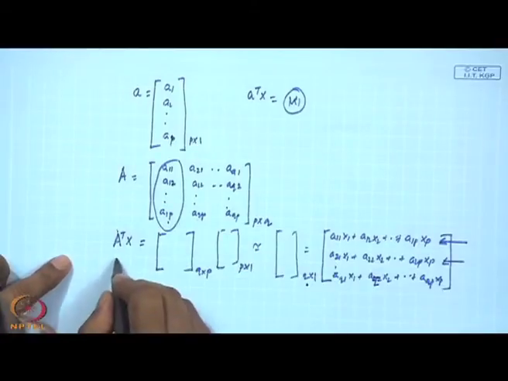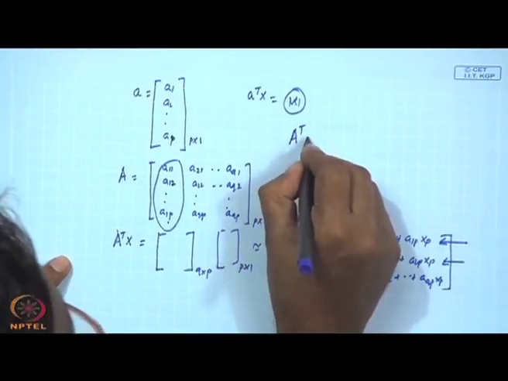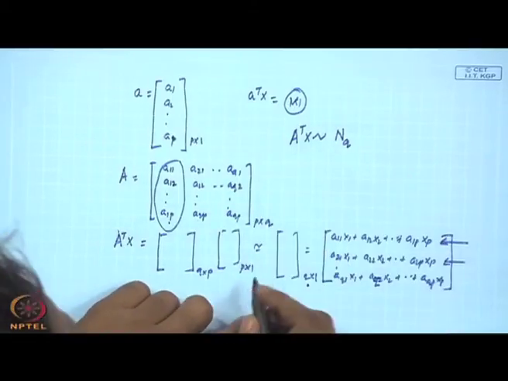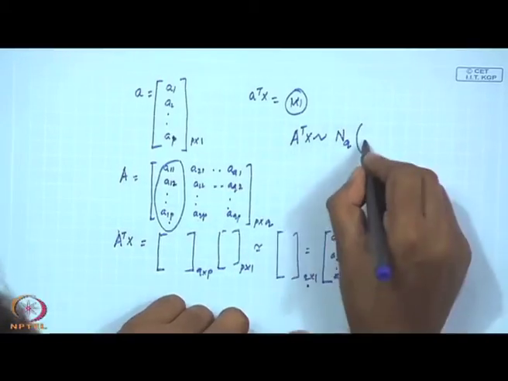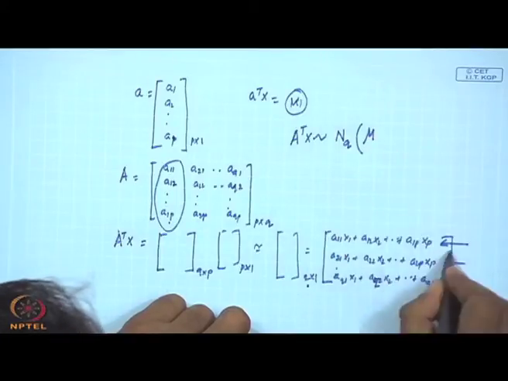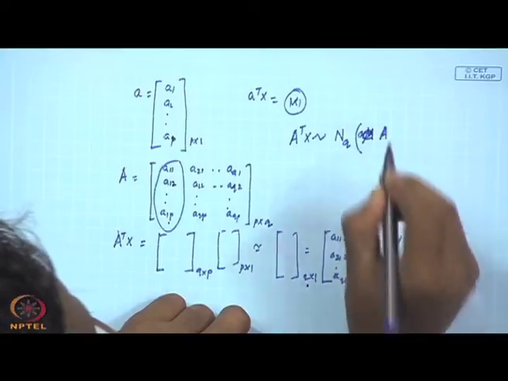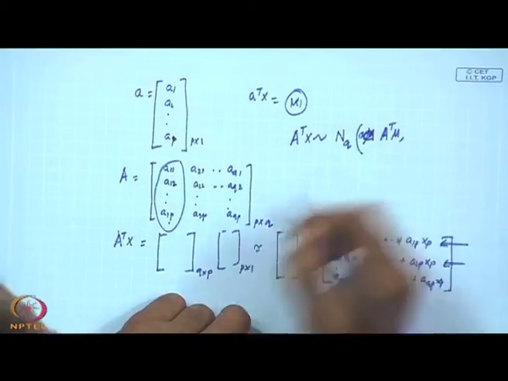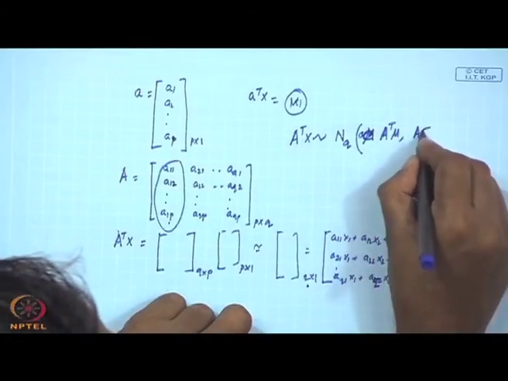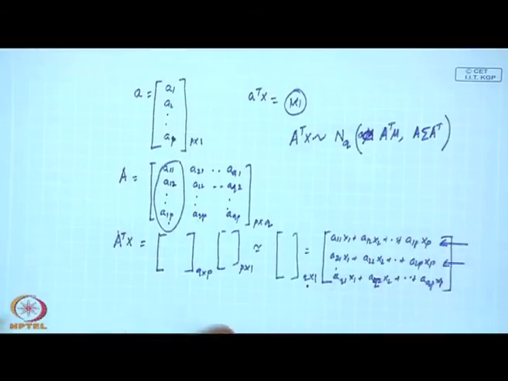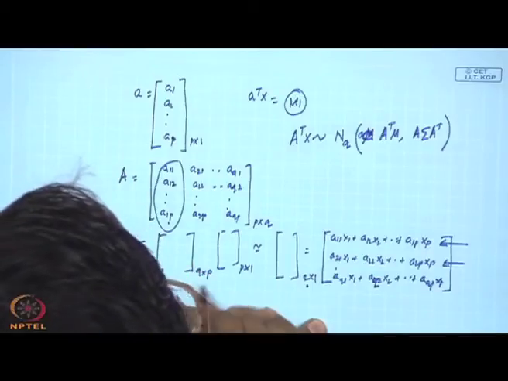So, this quantity, as you have made q linear combinations, will be multivariate normal with mean capital A transpose mu and variance A transpose sigma A. Just check this transpose part, what A is here.